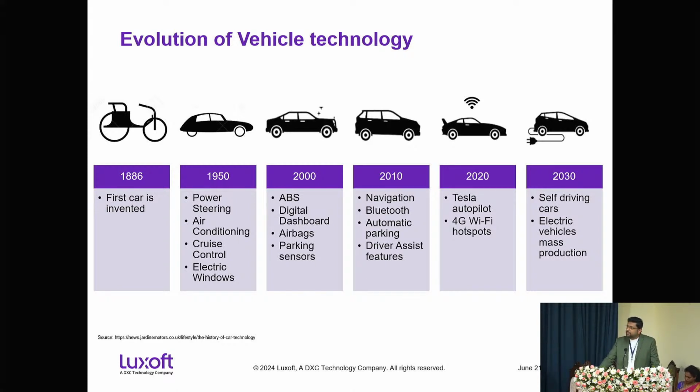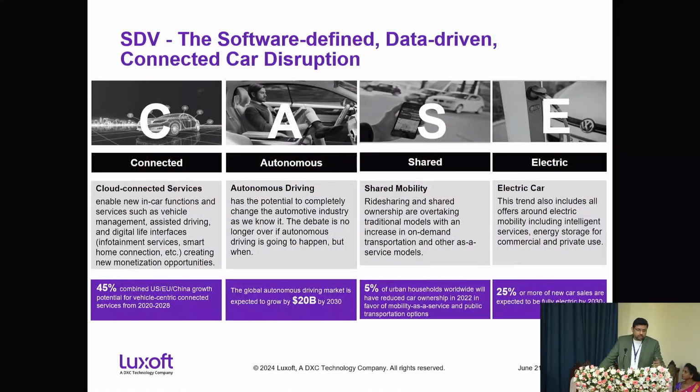Then safety systems came in, like braking systems, ABS, airbags, parking sensors, etc. And in future, we see that more electrification is going to happen, and more autonomous cars are coming, for which you need your car to take decisions at the moment. That means your car needs to have high computational power, which is what is coming into the industry now.